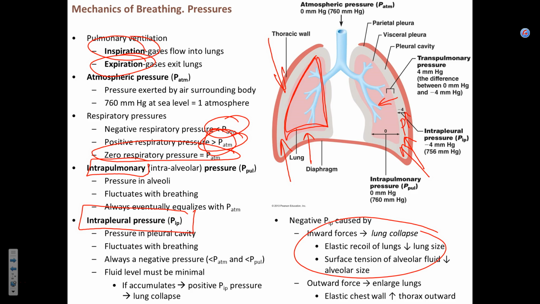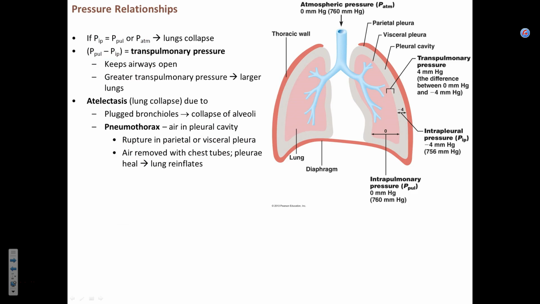If everything's okay with the patient, with the human, then intrapleural pressure will always be lower than intrapulmonary, always, to keep the lungs inflated. Are we clear? So what if there's something wrong and the intrapleural pressure starts to increase?